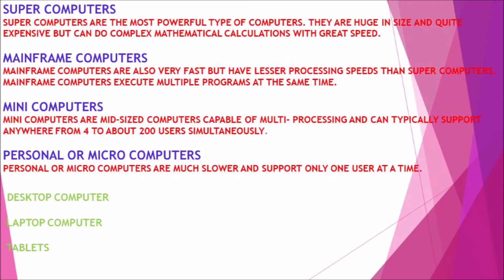The only difference is that they process with lesser speed when compared to the supercomputer. A mainframe computer can also support several input output devices working simultaneously and also serves thousands of users. Thousands of users can work at a time on the mainframe computer.